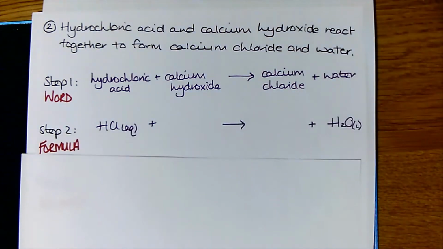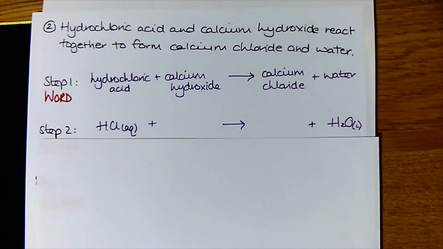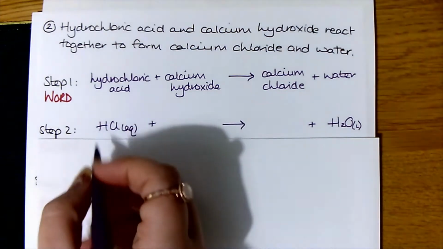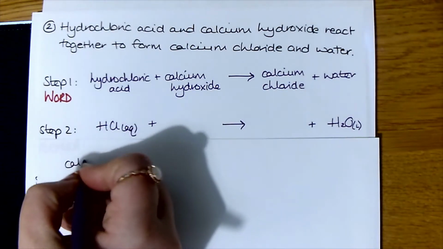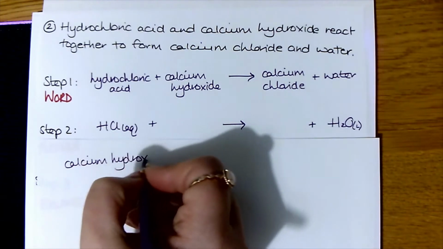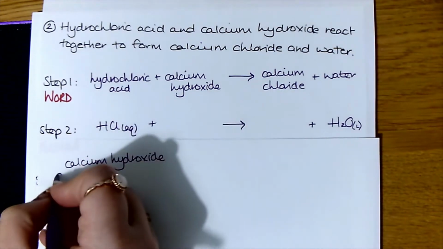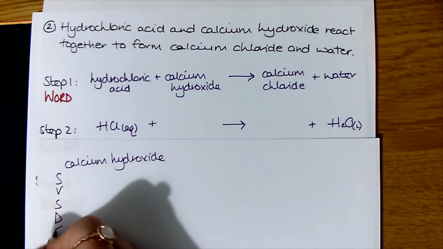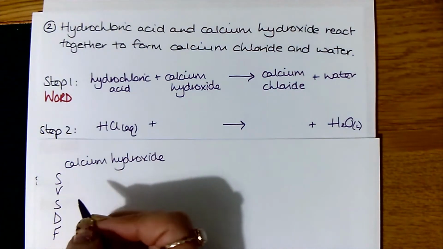So on a spare bit of paper, I would write out the name of my compound, calcium hydroxide, and symbol, valency, swap, divide, formula, and then work through my valency rules.